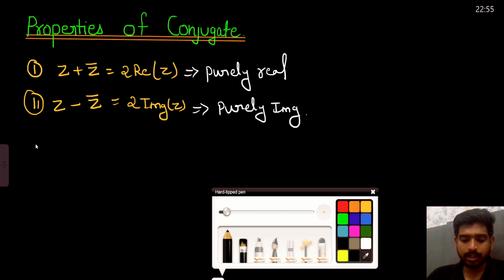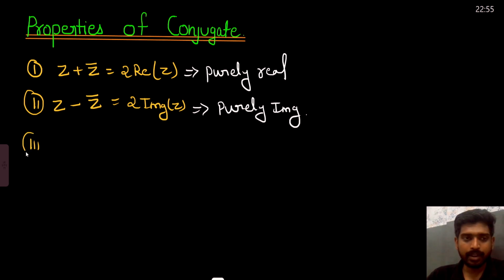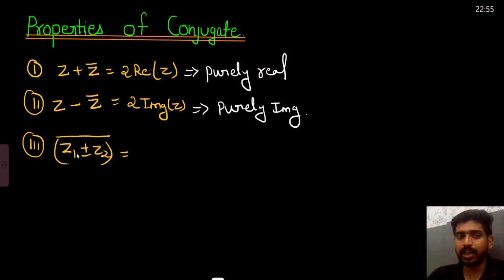Now next property. The third property says that if z1 plus or minus z2 is there and there is a whole conjugate, then this conjugate we can distribute over the sum. Actually, this we can't do in the case of modulus. Understood? This we can do in case of conjugate. This conjugate we can distribute. So I'll write z1 bar plus or minus z2 bar.